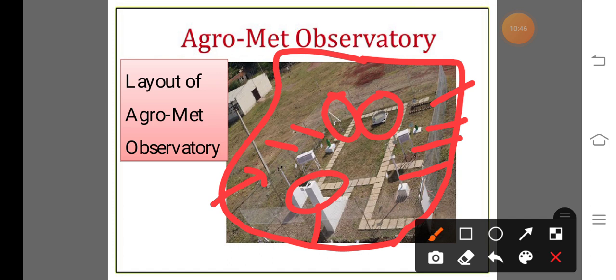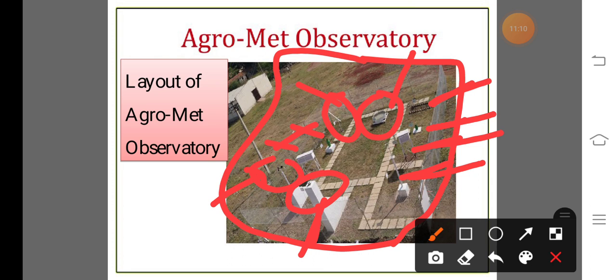That means here different weather parameters like wind direction, temperature, also rainfall, also soil temperature. Here also bright sunshine hours, that means solar radiation. Here also evaporation. Here dew fall. Here also rainfall and temperature.